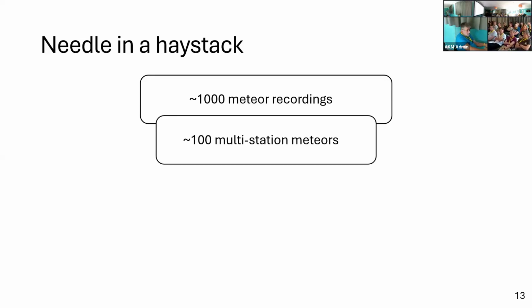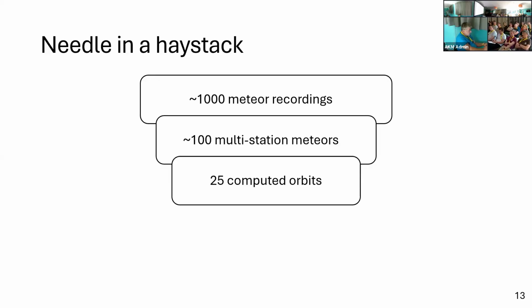Then I looked at these 100 multi-station meteors and chose only those that are long enough, so they may have a chance to decelerate significantly, more than random noise. And 25 of those meteors were, I guess, long enough.